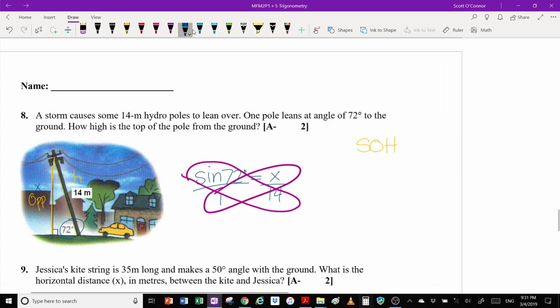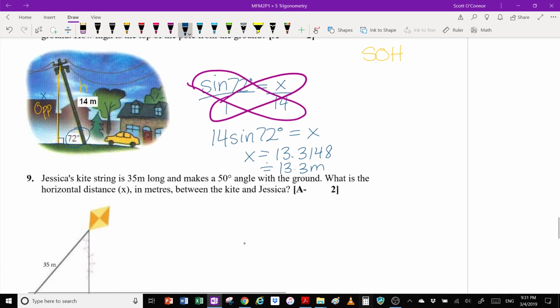And when we do that, I get 14 sin 72 is equal to x. And when I put that into my calculator, I'm going to get x is equal to 13.3148, or about 13.3 meters. And that handles question number 8.